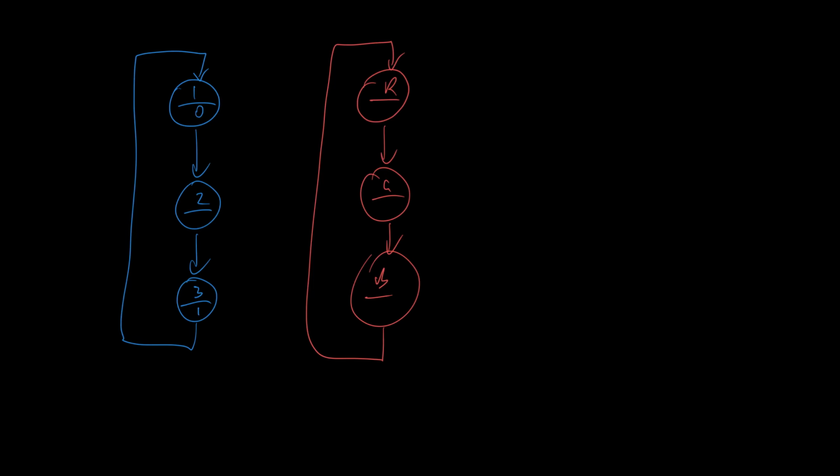We'll have 0, 0, 1, and the output from this finite state machine is going to let the red finite state machine know when to transition. The output of the blue finite state machine will be fed to the input of the red finite state machine. So let's call the output over here X, and then our transitions over here can be labelled by whether X equals 0 or X equals 1.